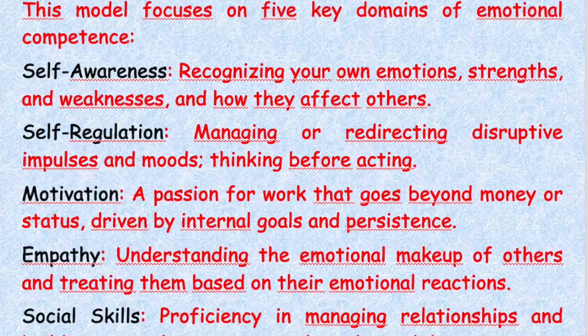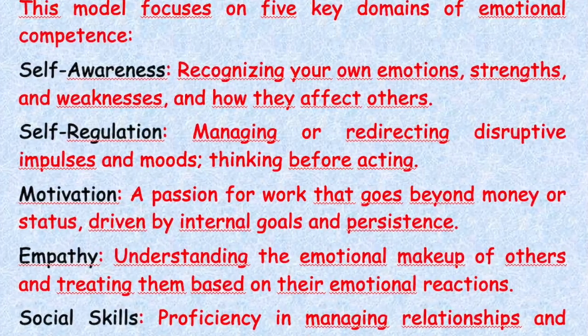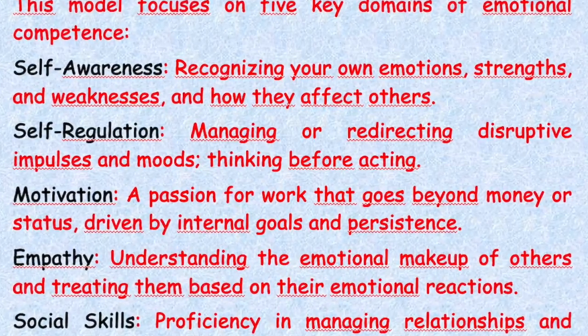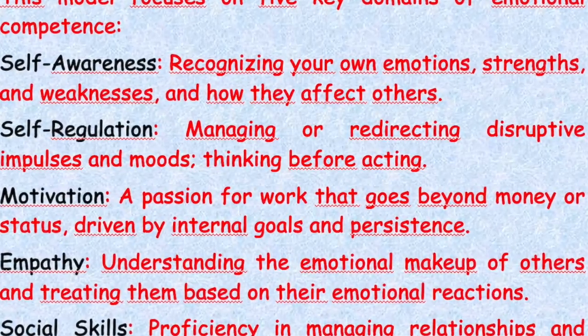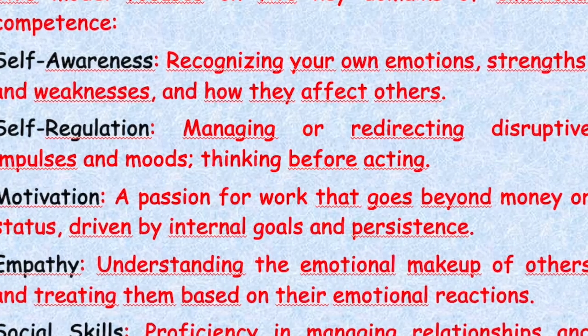So let's focus on the core framework of emotional intelligence. The model that Goleman designed was based on 5 components, and also on a refined domain structure used widely, particularly in leadership development.